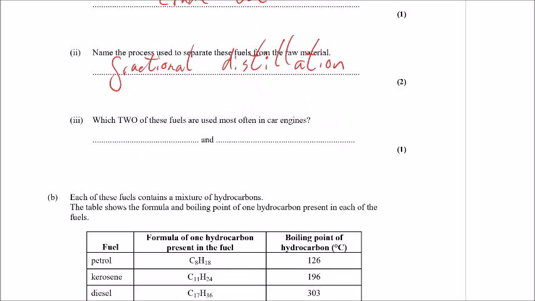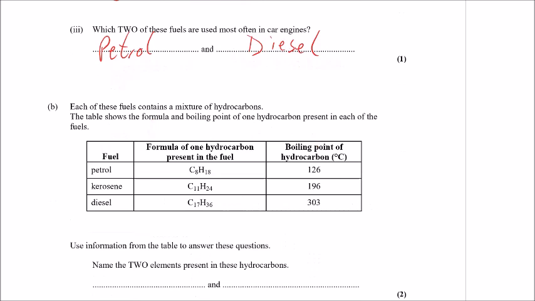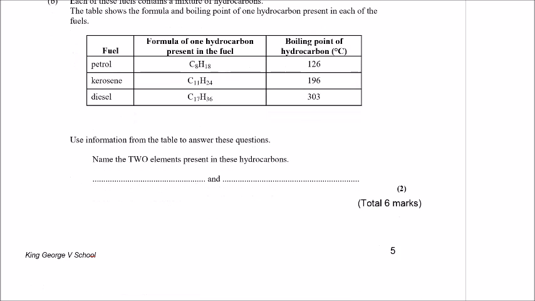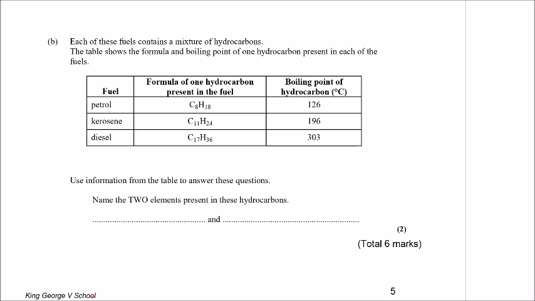Which 2 of these fuels are used more often in car engines? This would be petrol or diesel. Bit of a weird question, given that you're not old enough to drive yet, but the moment that you're allowed to drive, you'd know that straight away.